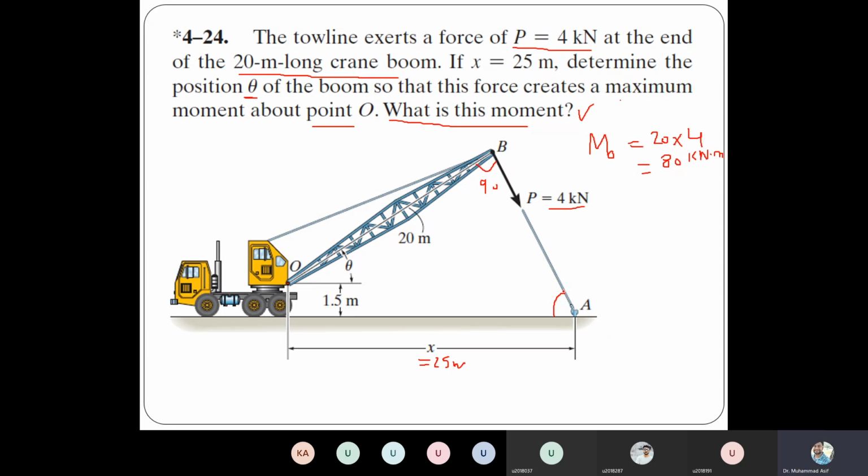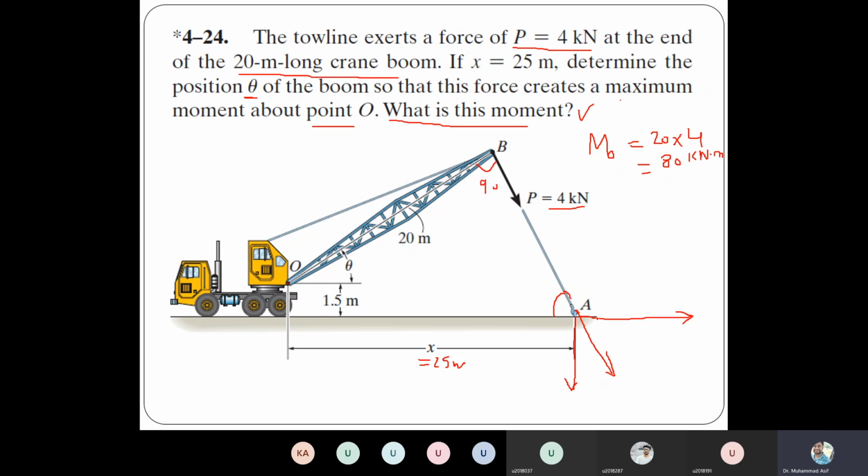I think we can calculate this angle by, since this is a force P, this is the line of action of the force P. This force can have two components. One component is along the x-axis, let's say Px, and one component is along the y-axis.